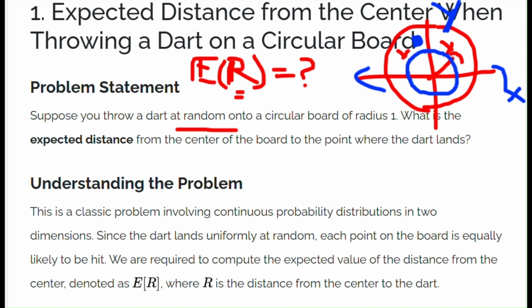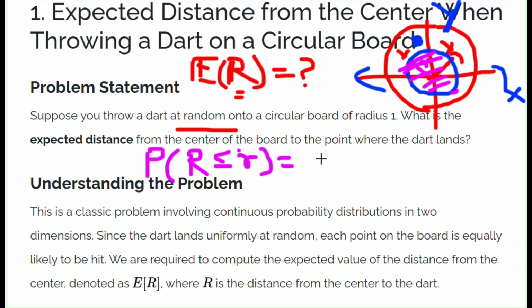So there's more than one way to solve it. Let's look at the easiest way. Let's say we are looking at this circle of radius small r. What's the probability that r is less than or equal to small r? What this is saying is, what's the probability that the dart lands within this smaller circle.